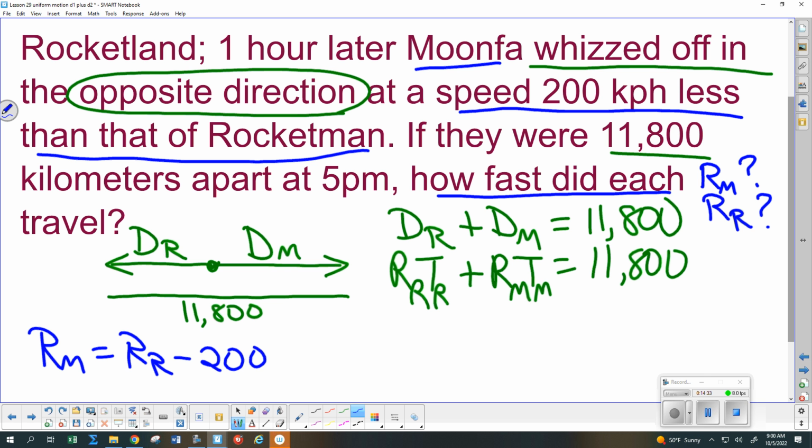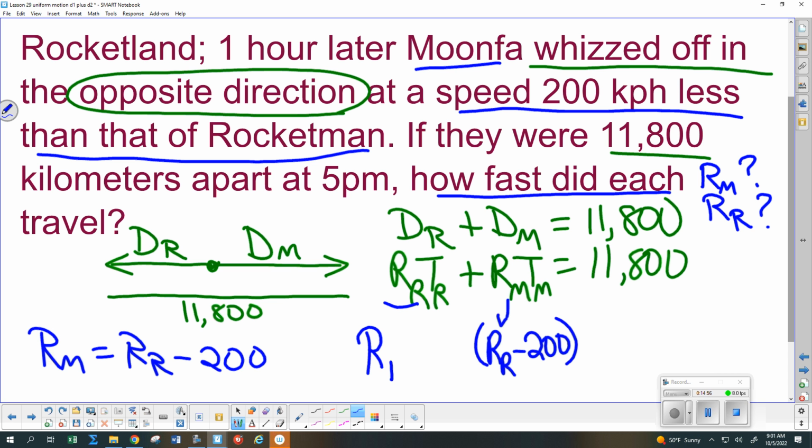Thumbs up, thumbs down. Does that say that Moonfa's speed was 200 less than Rocket Man's speed? Okay, so we can go with that. So we've got something we can put in right here for this RM, that it is RR minus 200, and then we'll keep this RR.